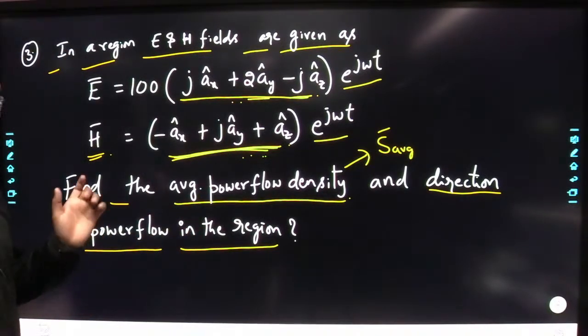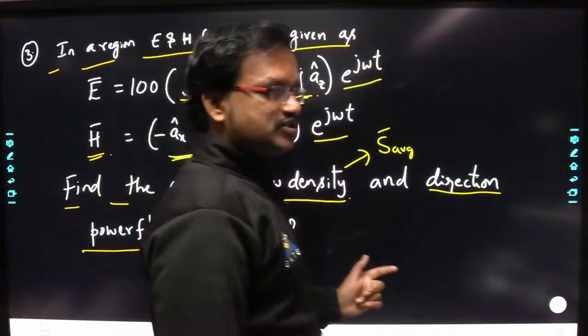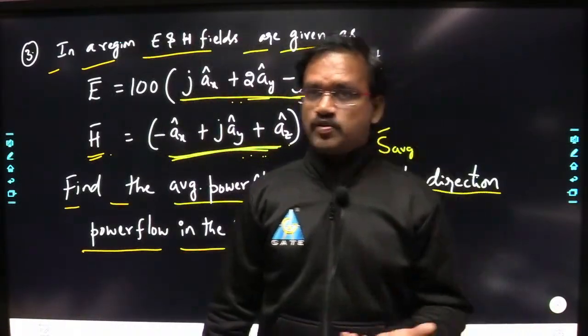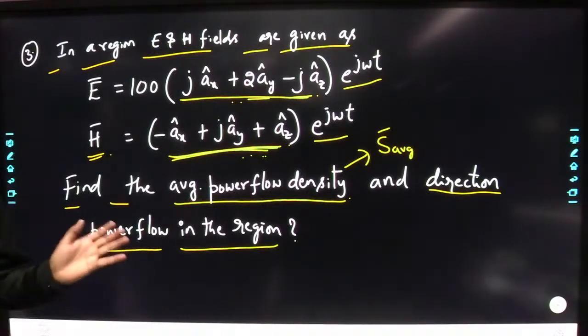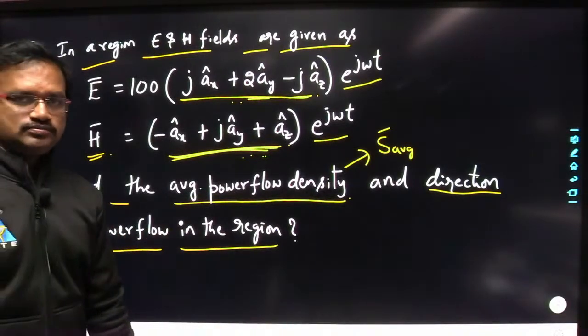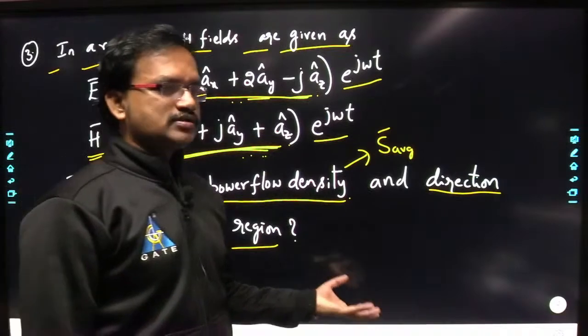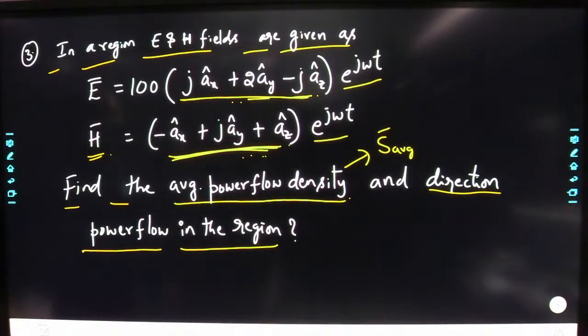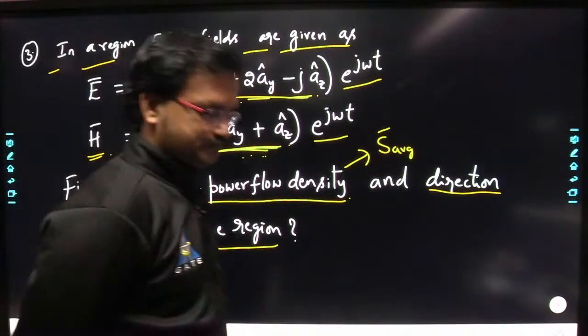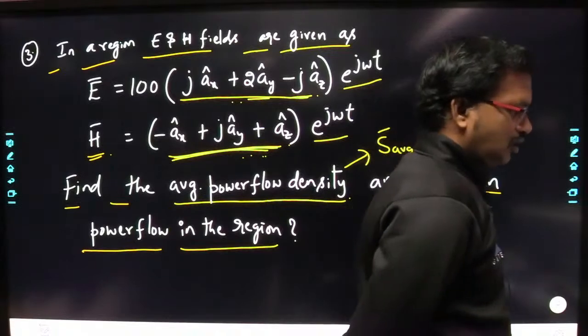So one is the average power flow density, that is nothing but the time average Poynting vector, and also the direction of this power flow in that region. So how can you determine? Tell me. How to determine here?